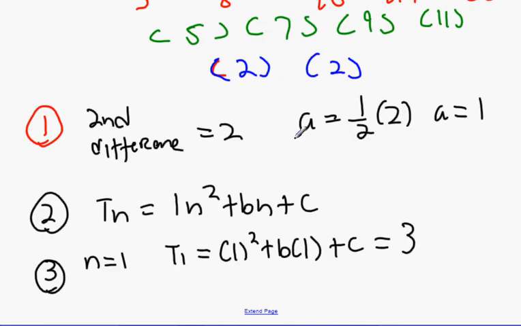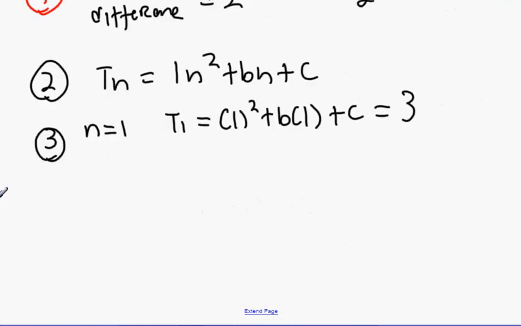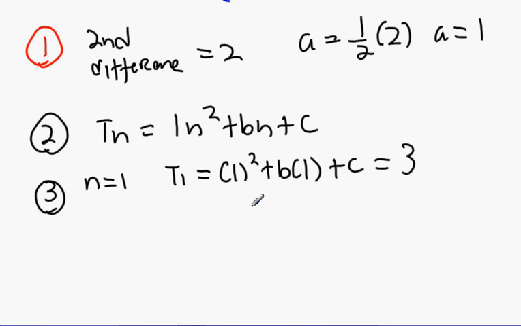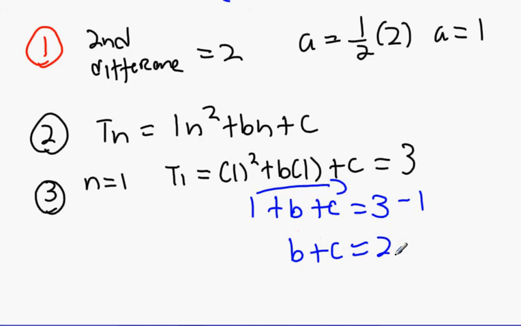What do we do next? We turn it into one half of a simultaneous equation. So we get 1 plus b plus c equals 3. Bring over the 1, it becomes minus 1: b plus c equals 2. That's one half.